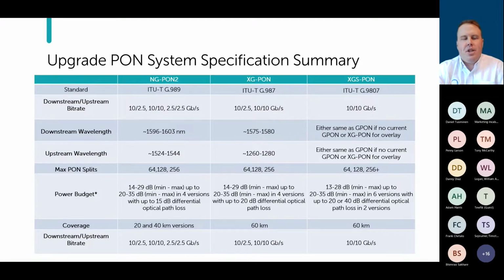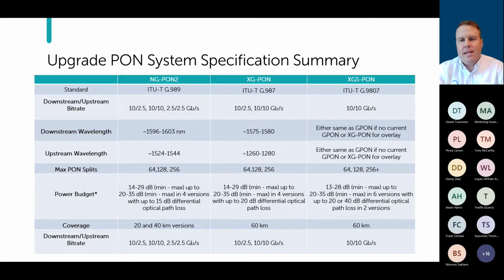So if you have an NG-PON2 network that you've already got customers sitting on, you can still upgrade to an XG-PON or an XGS-PON, and you can still keep your NG-PON2 customers on that plant. Your XGS-PON is going to operate on a different wavelength. It's going to allow you to upgrade your bandwidth, still connect new customers, and continue to grow your network while still operating your NG-PON2 network. Same thing for the XG-PON.